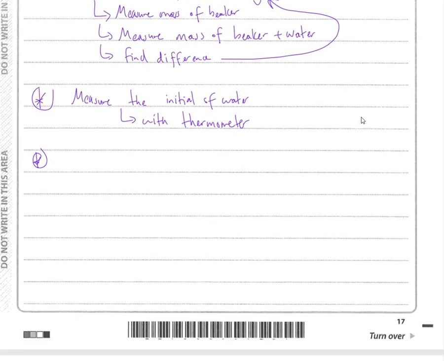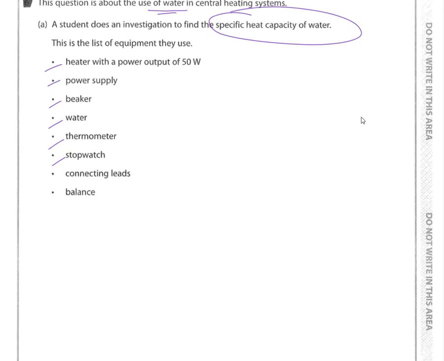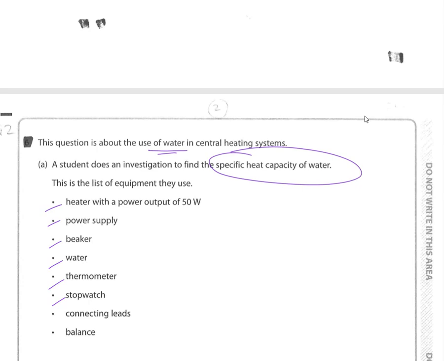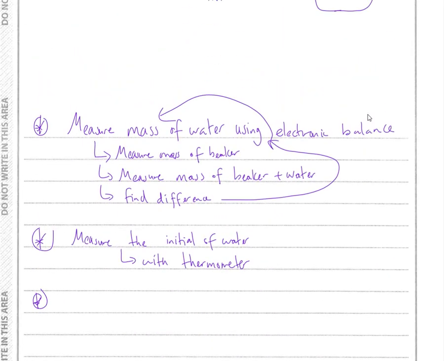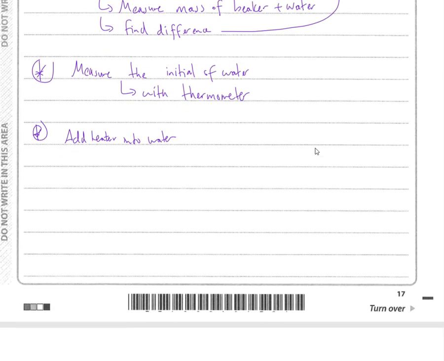And then what does it tell me to add? Heating, with a heater. So add the heater into the water, and then measure the temperature after some time.